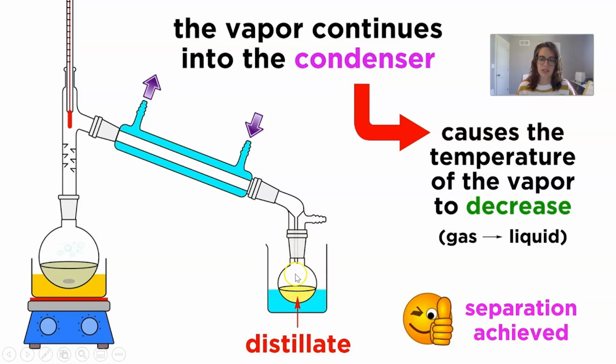What you collect is called the distillate. The stuff that you're going to collect first has the lower boiling point, and the stuff that you would collect later would have the higher boiling point. So it's important to know what's in your mixture because then you can anticipate what to expect. You notice up here there's a thermometer. That's telling you what temperature it's at, which tells you what's coming off of your solution.